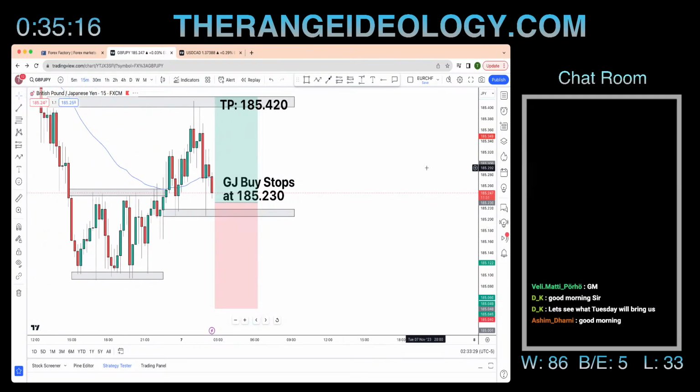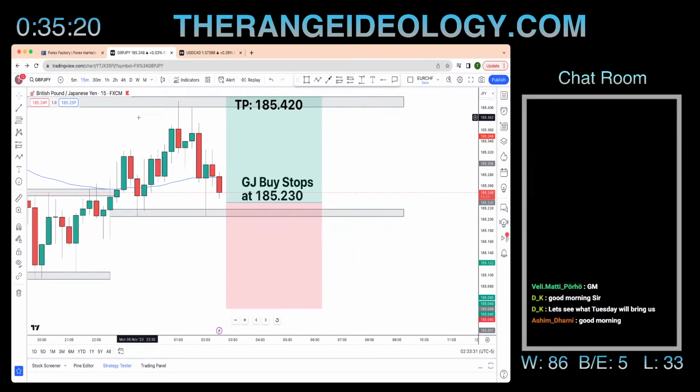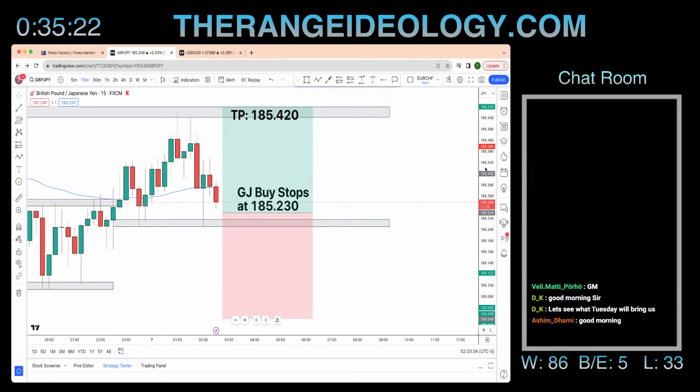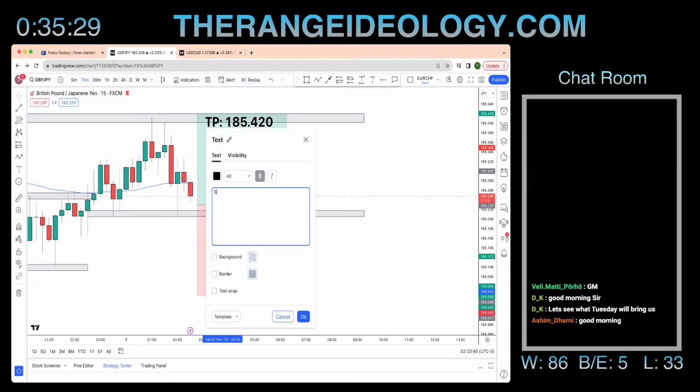Okay, it's pushing hard here. Let's see. And SL will be at 185.40.